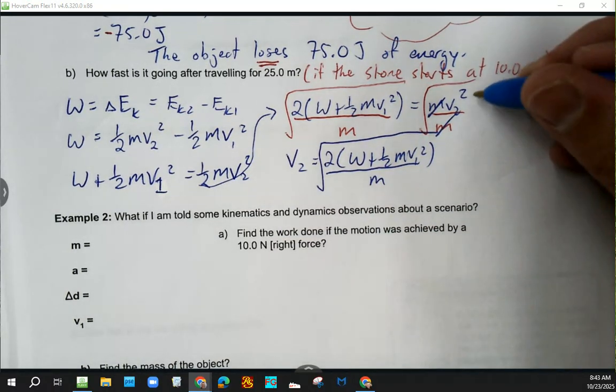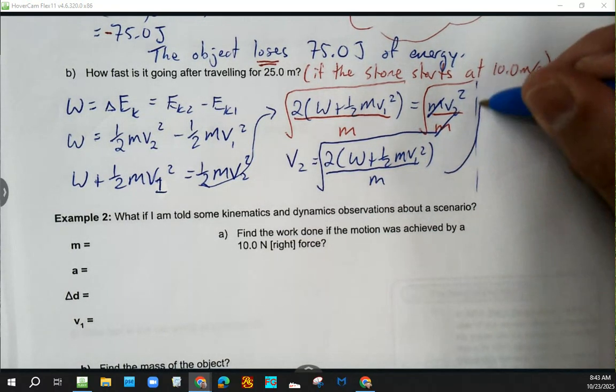I've run out of space in this column. Ugh, I hate when that happens.